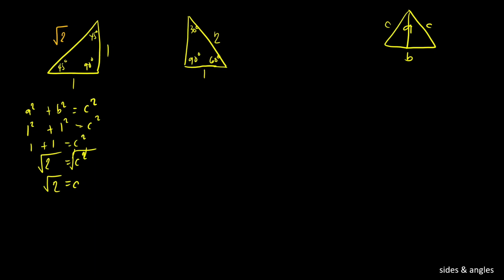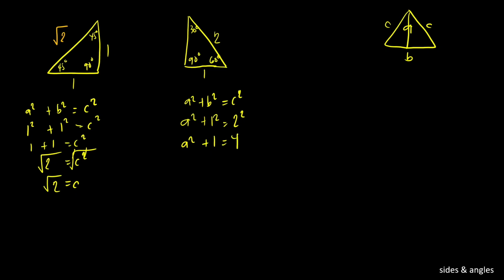We're going to solve it the same way. A squared plus B squared equals C squared. As you can see, we're going to find A squared, so we don't have a value for A. Our B is 1 and our C is 2. So 1 squared is 1 and 2 squared is 4.